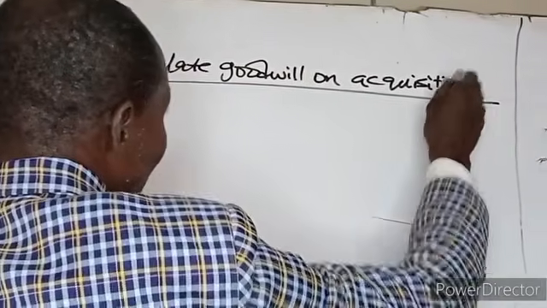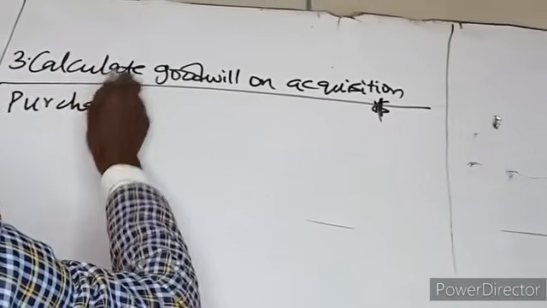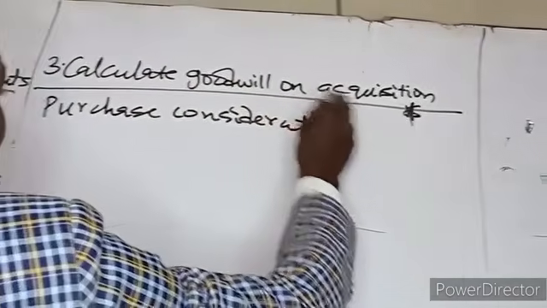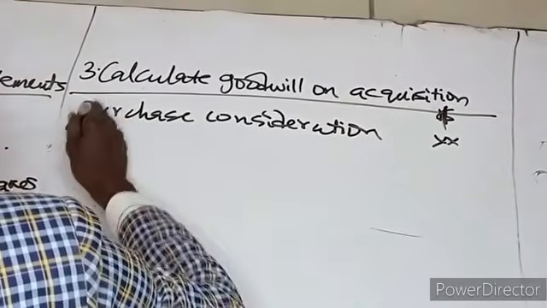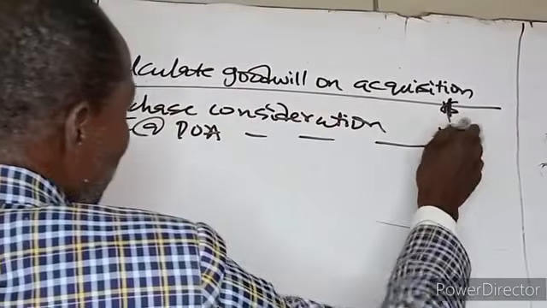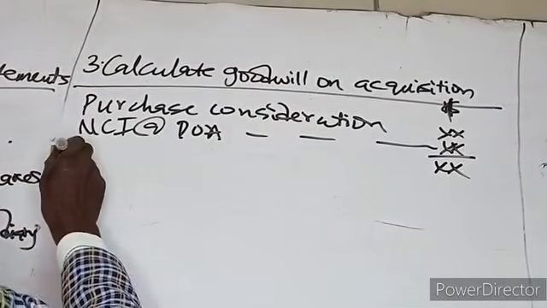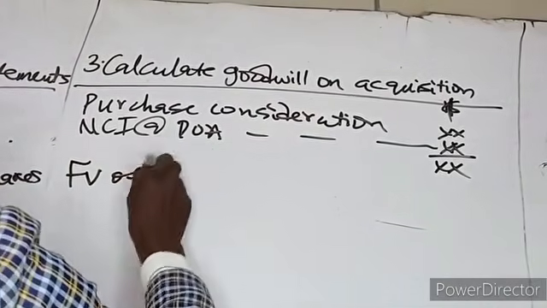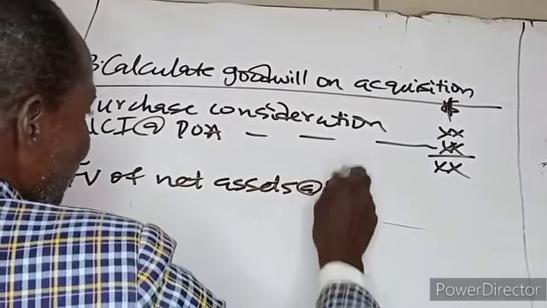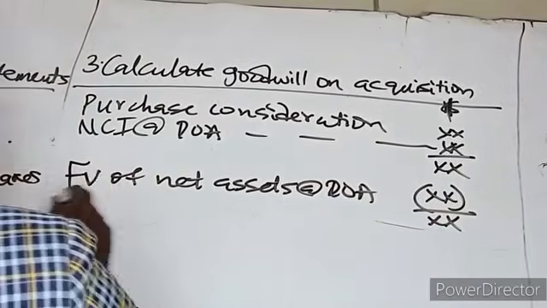I've told you that you have your purchase consideration, or investment in subsidiary, or consideration transferred. You add your NCI at the date of acquisition. I've explained the two methods of calculating NCI. Then you deduct the fair value of net assets at the date of acquisition. So you arrive at the goodwill.